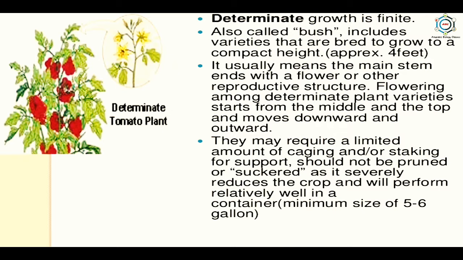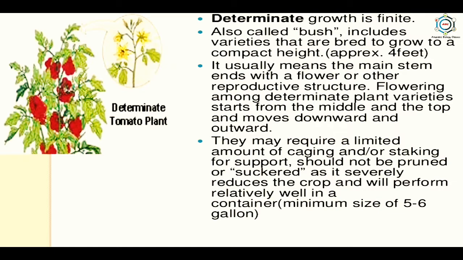Flowering among determinate plant varieties starts from the middle and the top and moves downward and outward. They may require a limited amount of caging and or staking for support, should not be pruned or suckered as it severely reduces the crop, and will perform relatively well in a container, minimum size of 5 to 6 gallons.